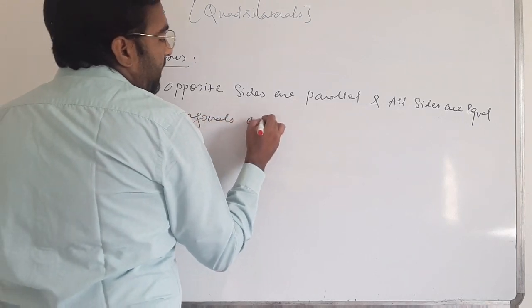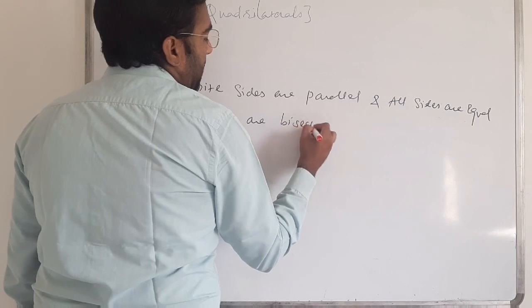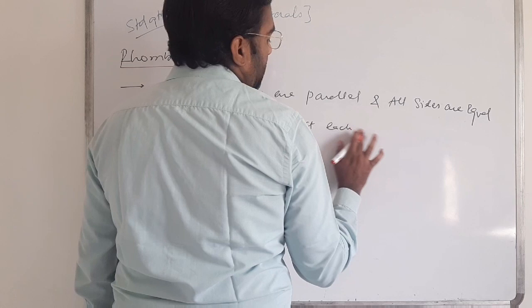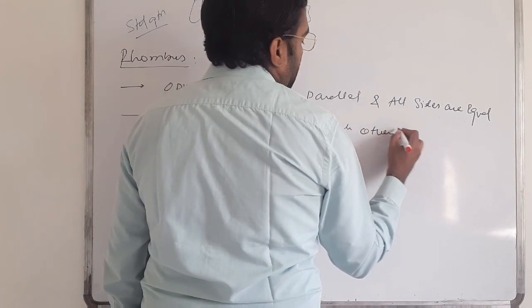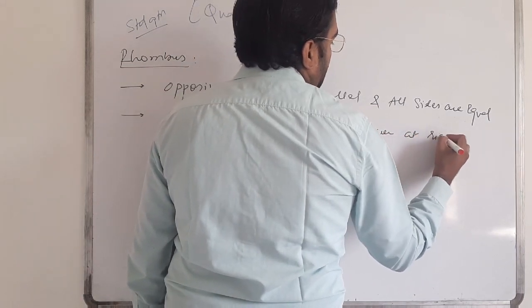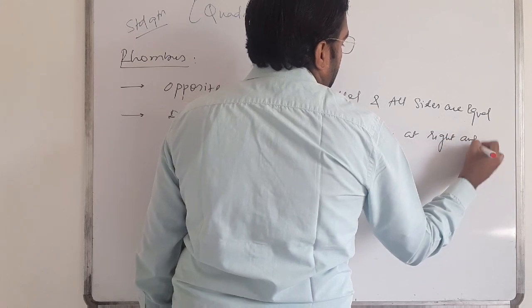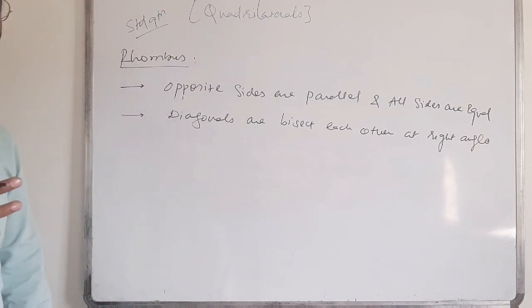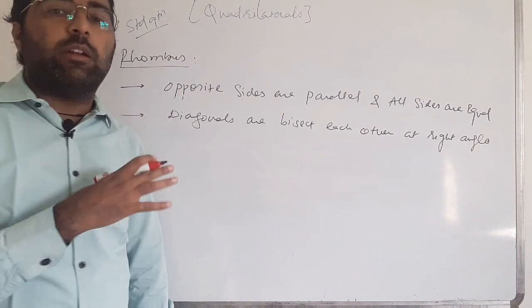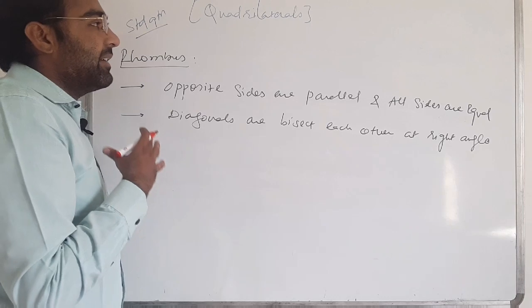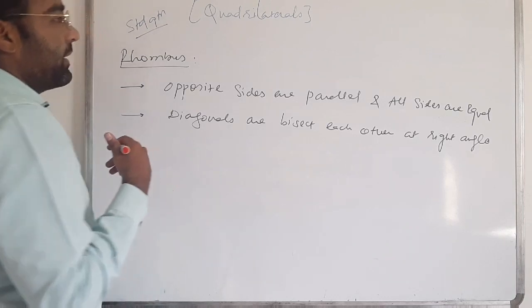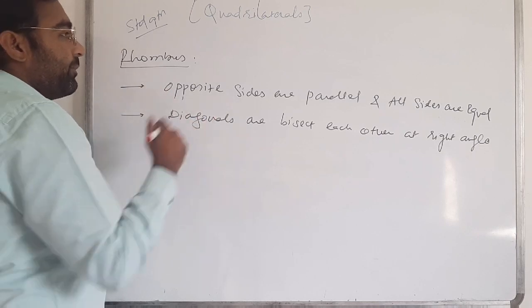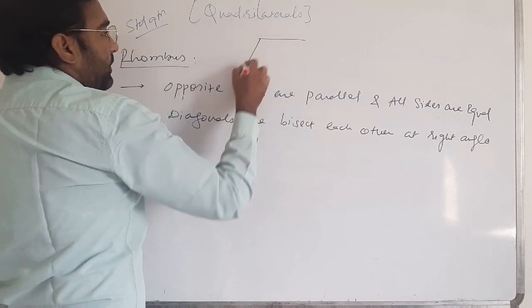Diagonals bisect each other at right angle. That means diagonals bisect each other and form 90 degrees at the intersection point, like here.